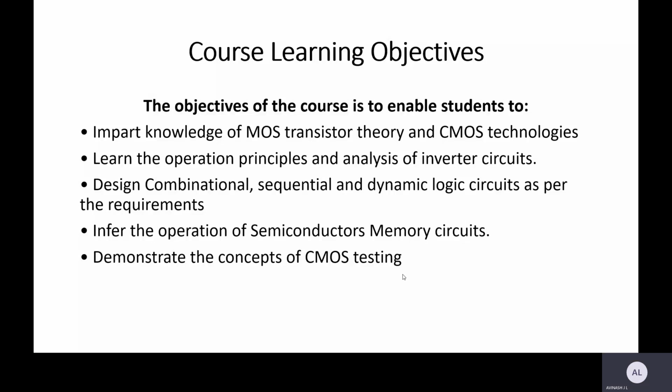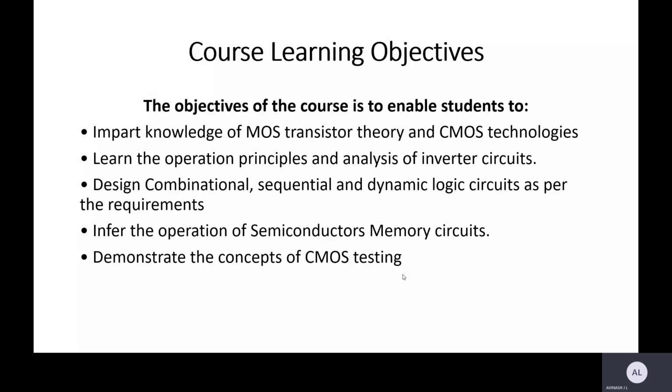After understanding the operation principles and analysis of inverter circuits, the next course learning objective is designing of combinational, sequential and dynamic logic circuits as per their requirements. You know very well what combinational and sequential circuits are. That means as the inputs come in, how the circuit behaves and gives the output.